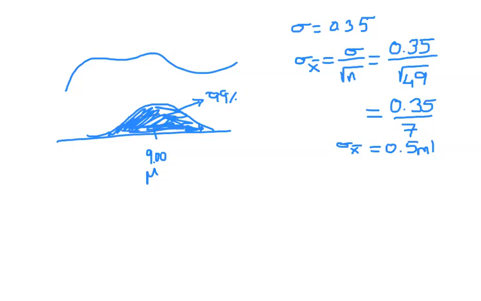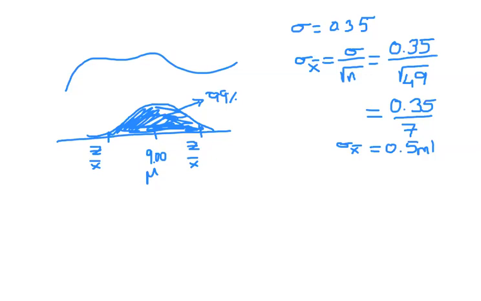We have the 99% part given, and we want to find the z-scores over here. We want to find the z-scores first, and we will get the sample average values.